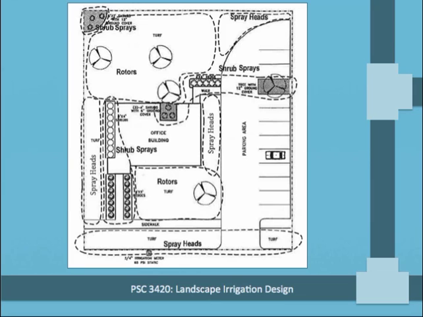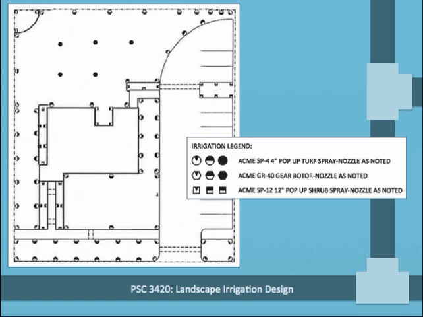Subsequent to that, you would start looking at what's available from the different manufacturers, and you would go to the next step of locating and laying out sprinklers in your different areas. And these layouts are going to be based on the sprinklers that you choose. Yes, we said in broad categories there were going to be rotors here and spray here and spray here and so on.